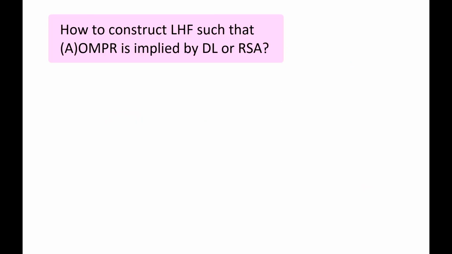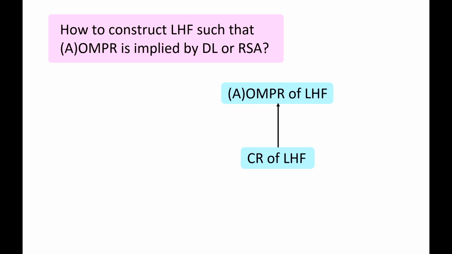For the rest of the talk, the main challenge is to show how we can construct a linear hash function such that its algebraic one-more PR property is implied by either the d-log or the RSA assumption. We achieve that through a two-step process. The first step is to show that the algebraic one-more PR property is implied by the collision resistance of the linear hash function.